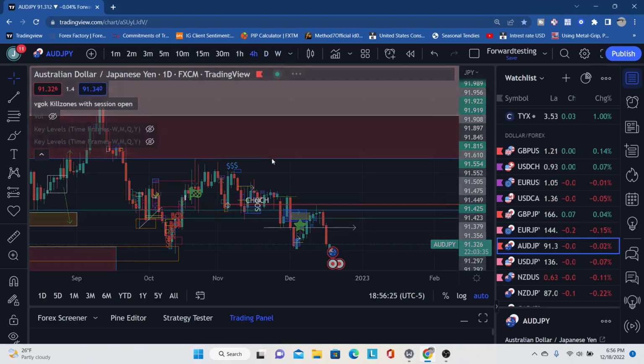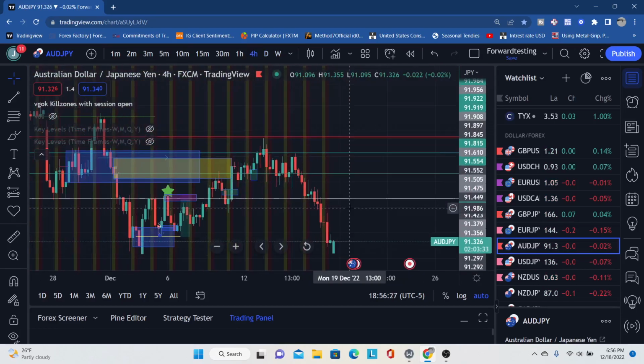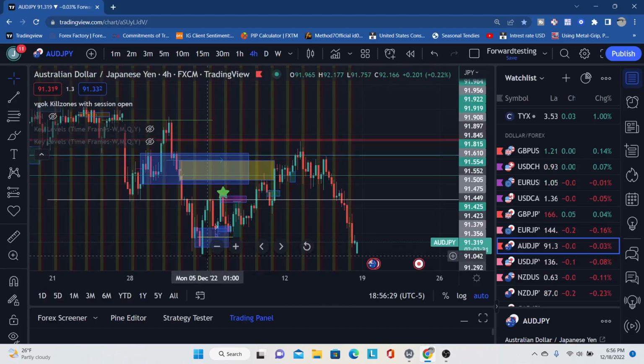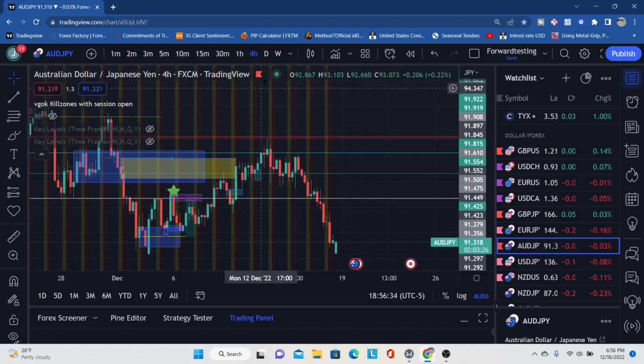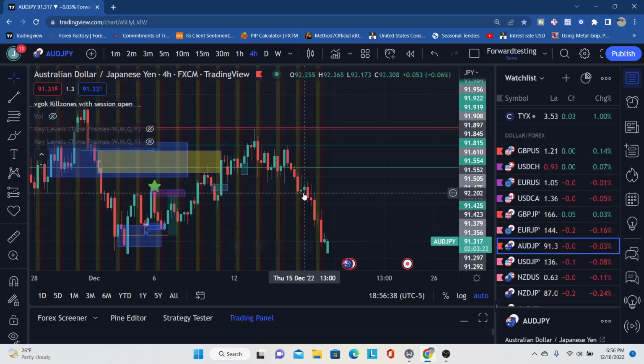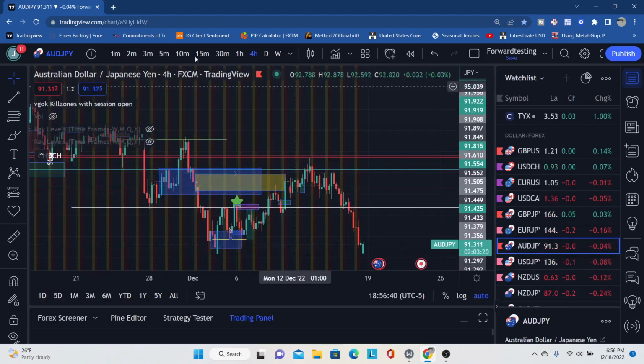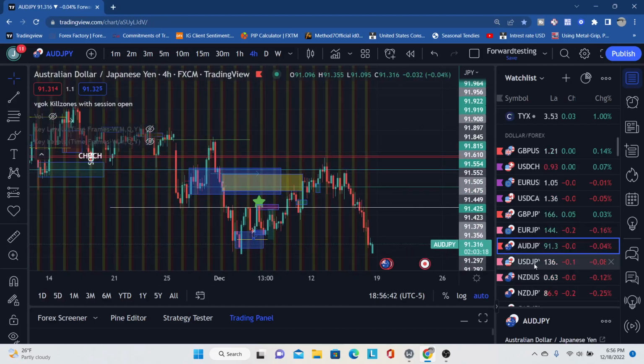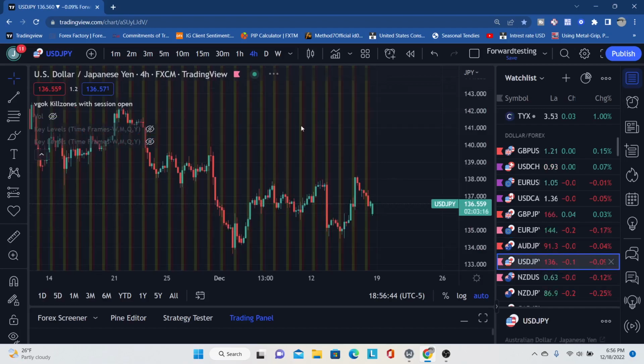In the shorter term, we're waiting to see if this makes a substantial lower low. That's kind of creating liquidity here. So I would wait personally till we break, but the bigger picture is pointing downwards for now.